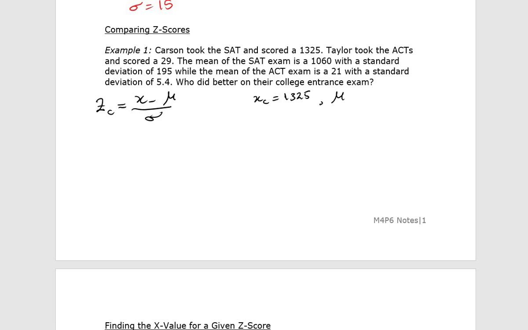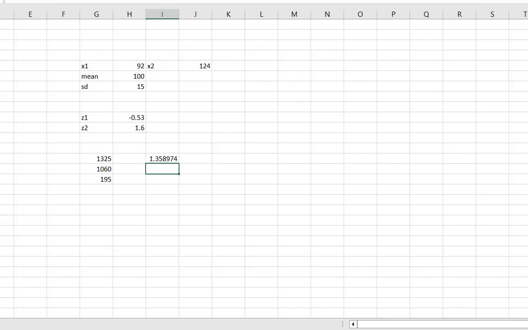We know that the mean for the SAT is 1060, and we know that the standard deviation is 195. So I'm going to compute the z-score for Carson. You can plug in the numbers, but I'm going to use Excel, and I'll be right back once I compute it. I computed that, and it was equal to 1.3590.